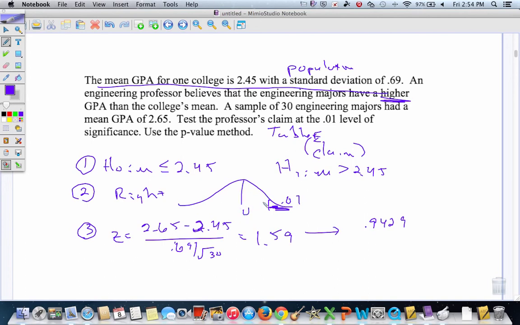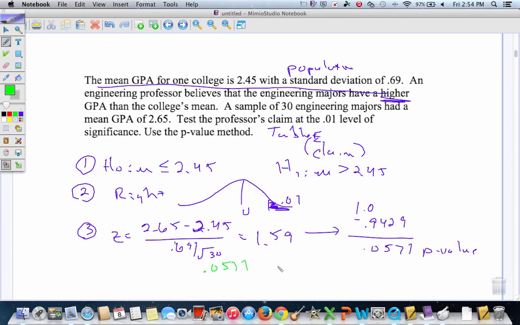That number is 0.9429. 1.59 would be a z-score somewhere in here. The area to the left of that is 0.9429, but we have a right-tailed test, so we want the area to the right. We'll subtract that from 1 and get 0.0571. That number, since it's a single-tailed test, is our p-value.